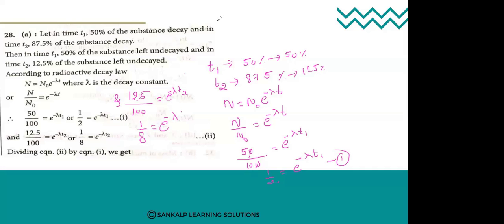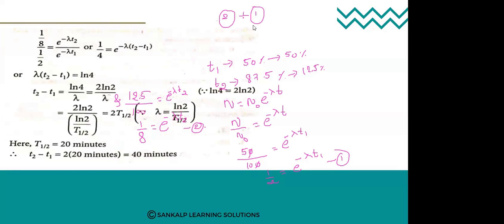So next is what you need to do? 2 divided by 1. When you divide 2 by 1, the simplification is 1 by 8 upon 1 by 2, which is equal to e raised to minus lambda into t2 upon e raised to minus lambda into t1.